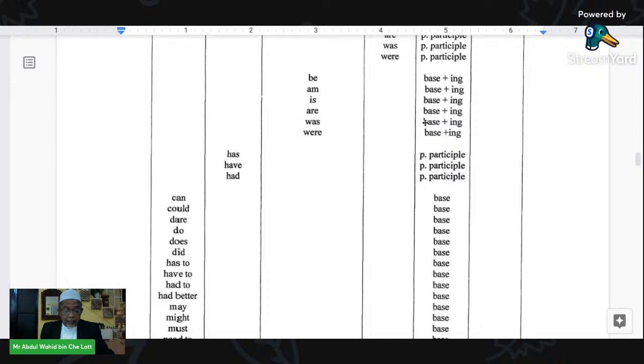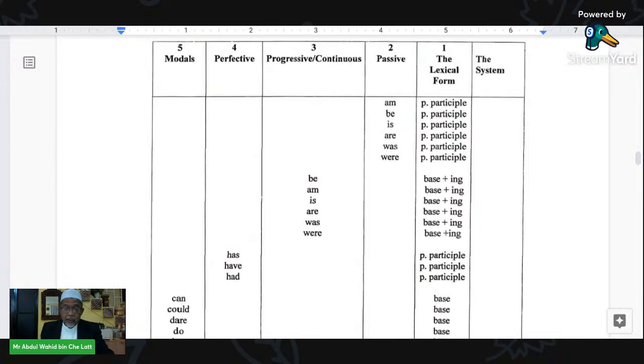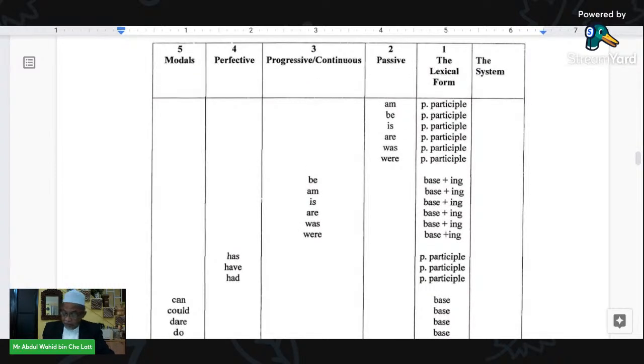Okay, sentence number 10. My neighbor telah membeli a new house. Telah is a concept of perfective. Membeli is lexical. So put 4 on top of telah and 1 on top of membeli. So the system is 4-1. You turn to page 20.